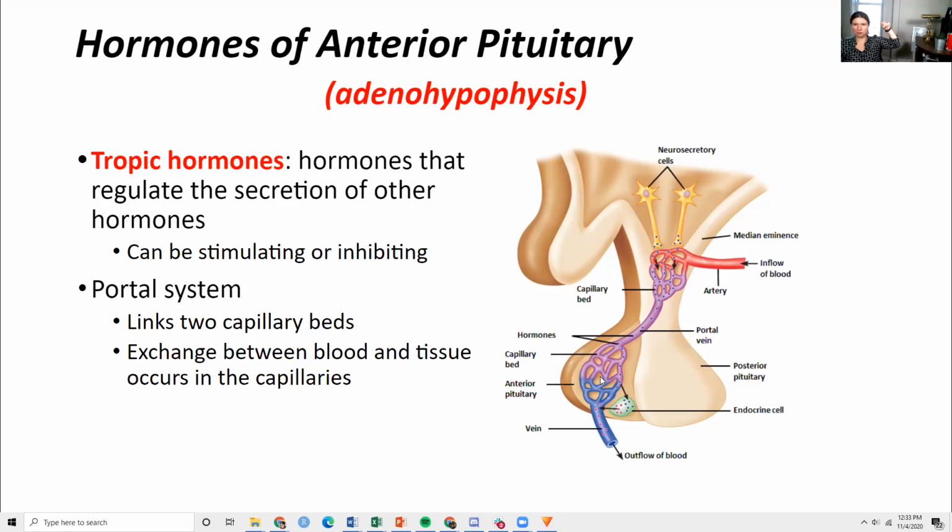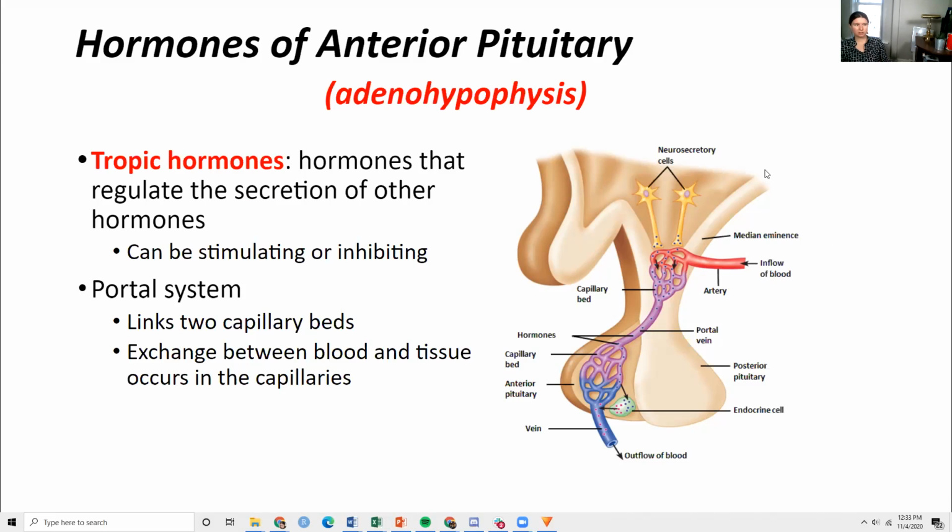Any molecule of blood or any red blood cell, let's say, would travel down the artery into capillary bed 1, through the portal vein into capillary bed 2. That's not normal. It happens in only a couple places in the body, and here in the anterior pituitary is one.